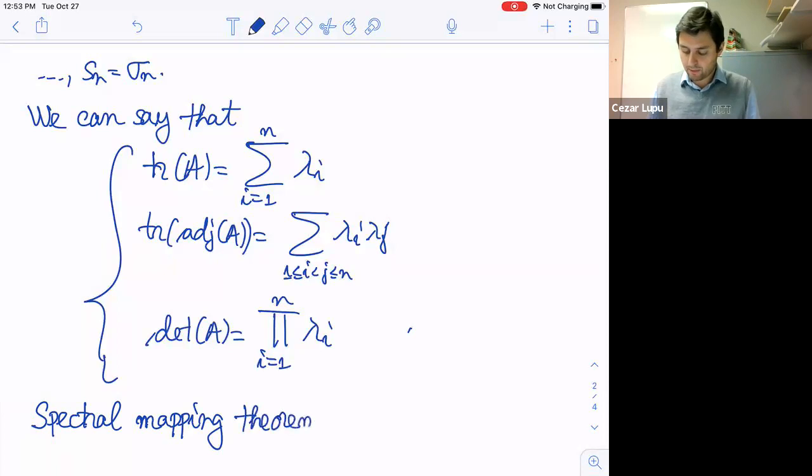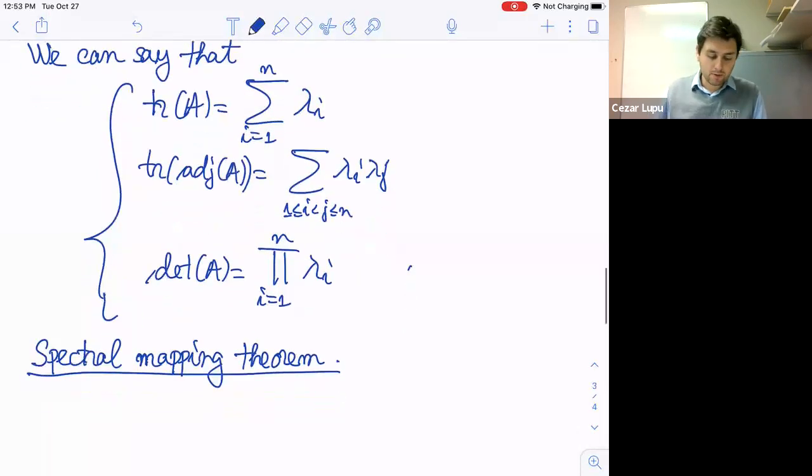The spectral mapping theorem, right? So it says the following. I think I mentioned this last week as well, but let me do it again.